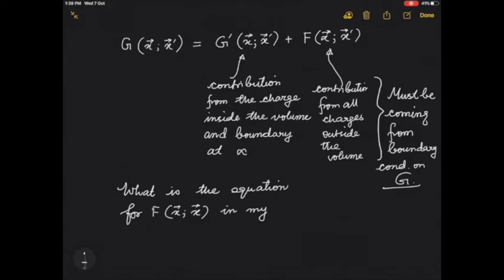So what is the equation for F in my volume? Inside the volume, all the charges that give rise to F are outside my volume. So inside the volume, grad square F is 0. And I need a boundary condition on G.